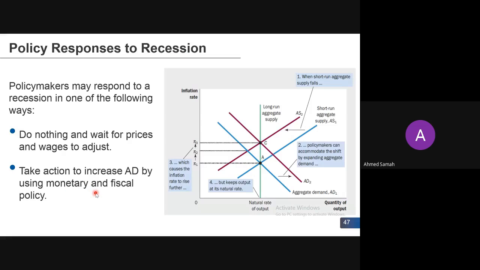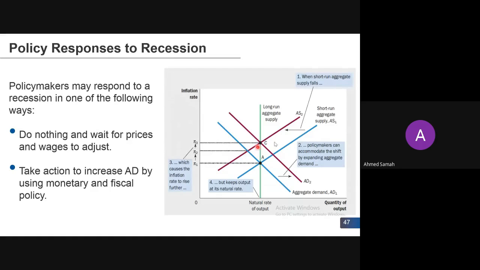From the chart you can see that when the short-run aggregate supply falls, the real GDP is now below the potential GDP level, and the price level has also increased.